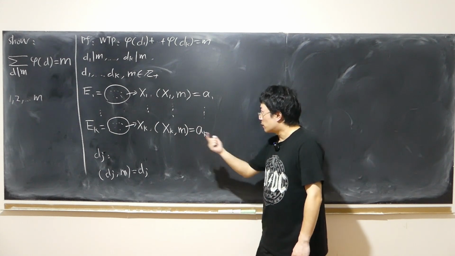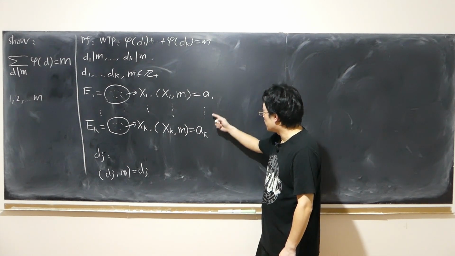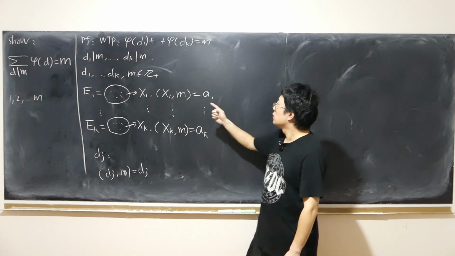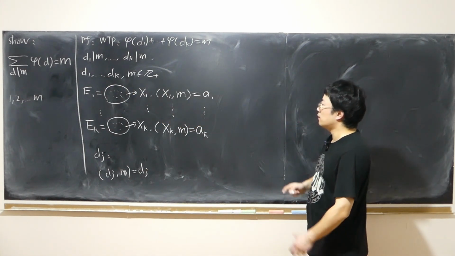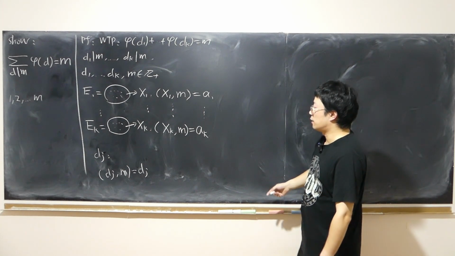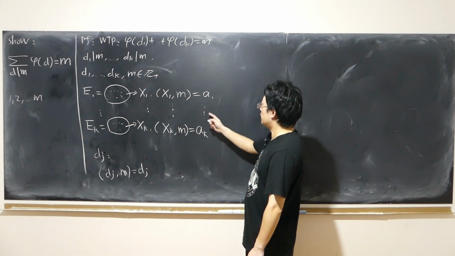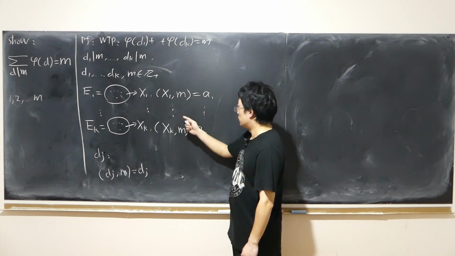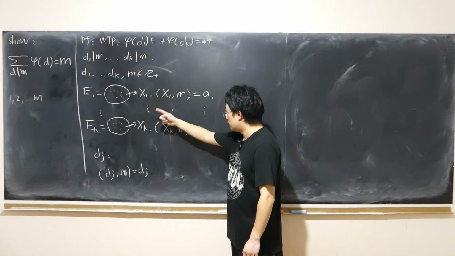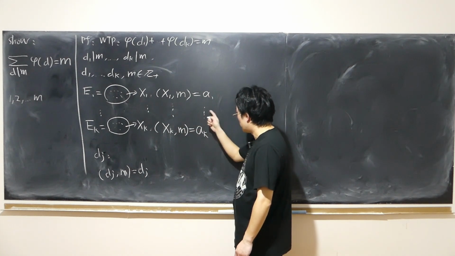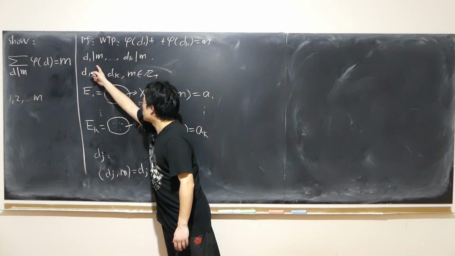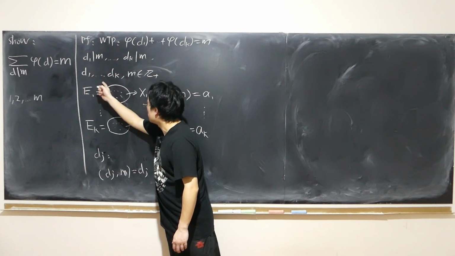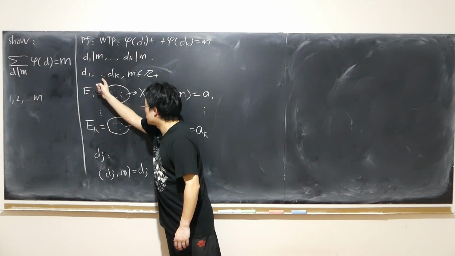Vice versa, for any aj, can we correspond it to a unique dj? That is even more obvious. You take any aj out of here, which means the GCD of any element from that set and m is equal to aj. So aj divides m, which means aj must be some positive divisor, corresponding to exactly the same dj.